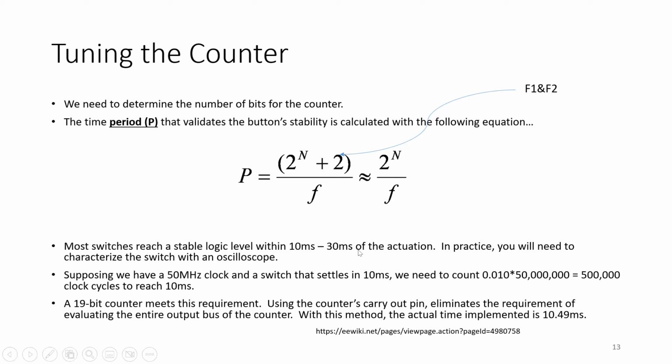And to get to this, I need a 19-bit counter to count up to 500,000. We are counting from 0 to 500,000, so I need a 19-bit counter. Of course, this is with 10 milliseconds. If I go to 20 or 30 milliseconds, I would need more bits. But for now, this is my N.